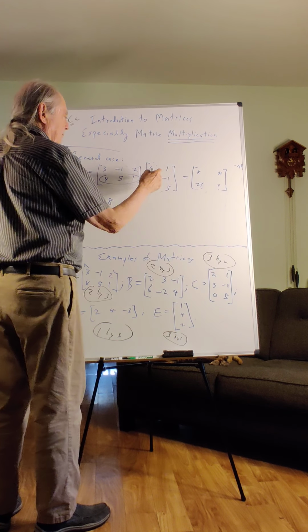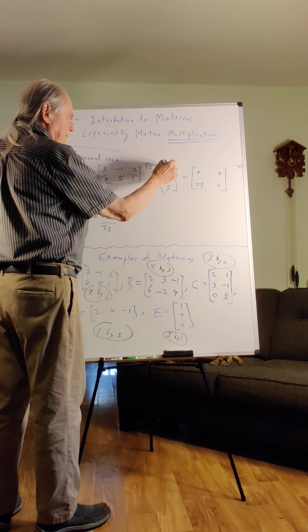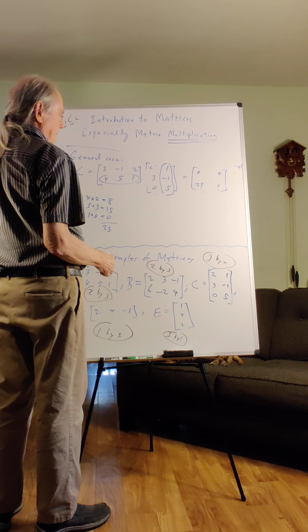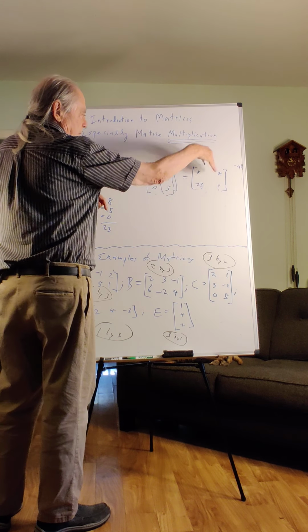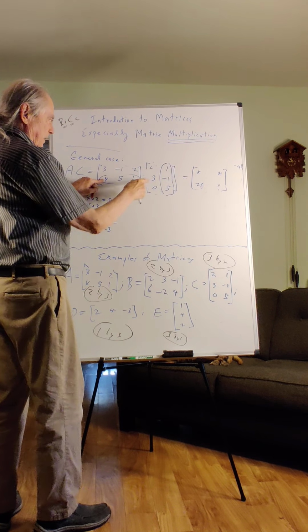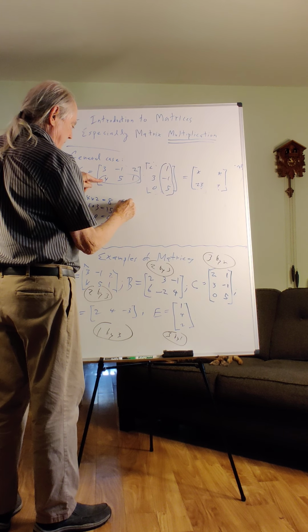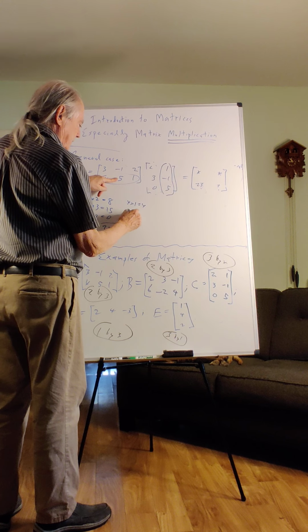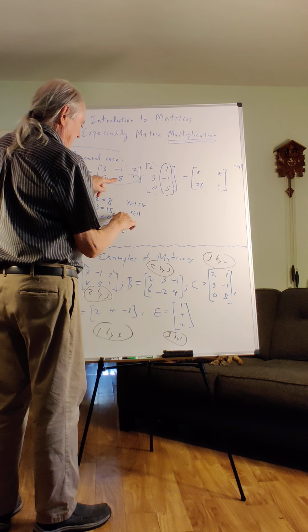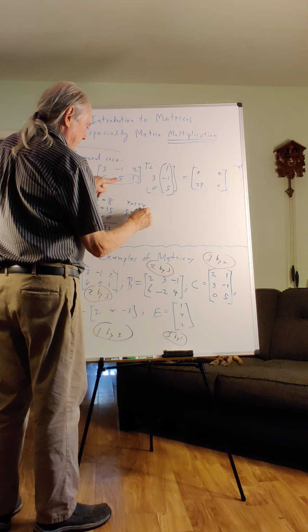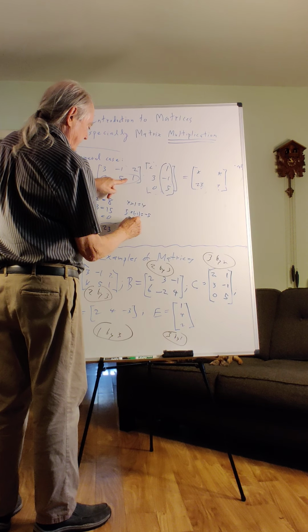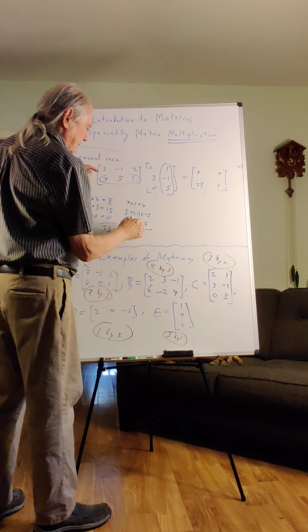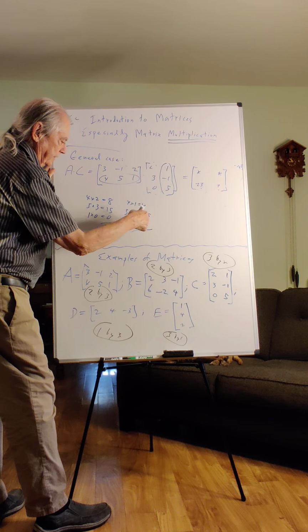So this is in the bottom row in the right column. Right? Bottom row, right column. Here's the bottom row, right column. 4 times 1, 5 times negative 1, 1 times 5. So we add these numbers, and the 5's cancel.